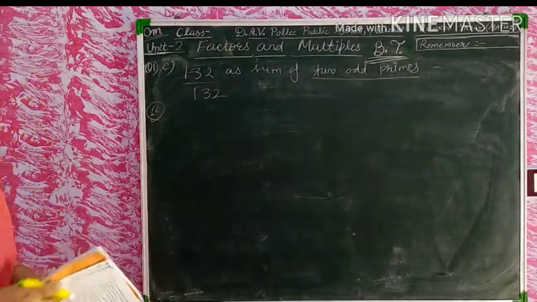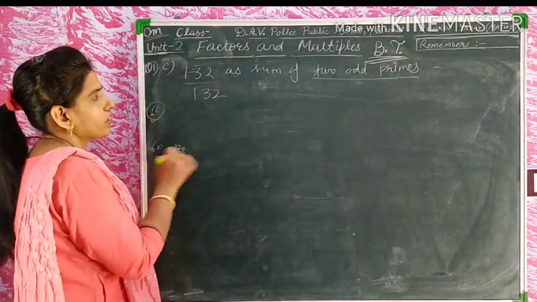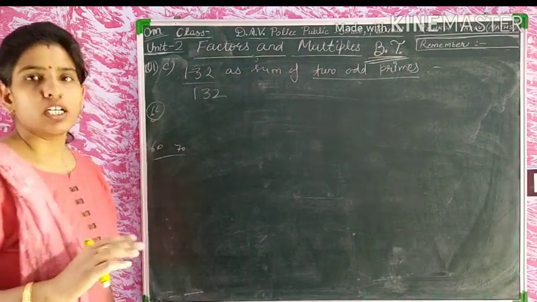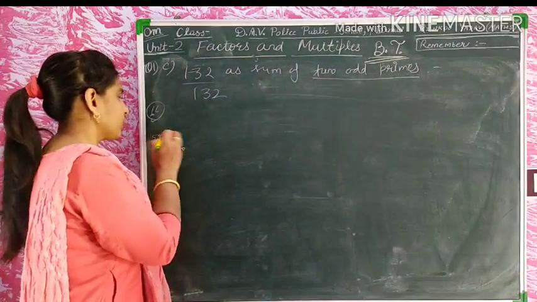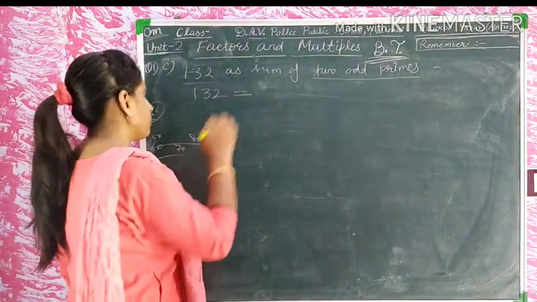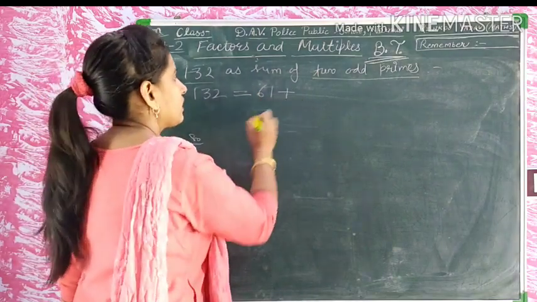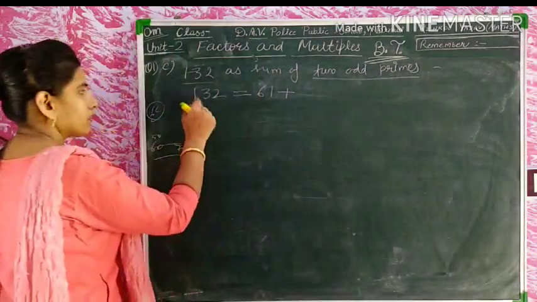It means we have to first look at 60 to 70. We will get the exact answer about 50 to 80 or whatever we say. There are two prime numbers. Above 60 there is a prime number, that is 61, and what number will we add here so that we get 132?